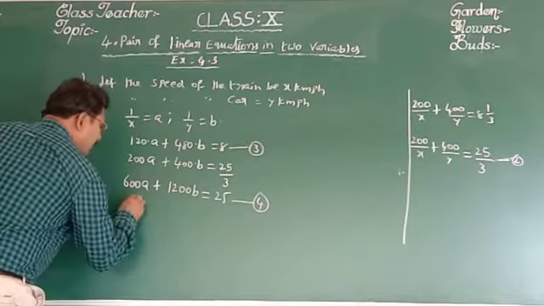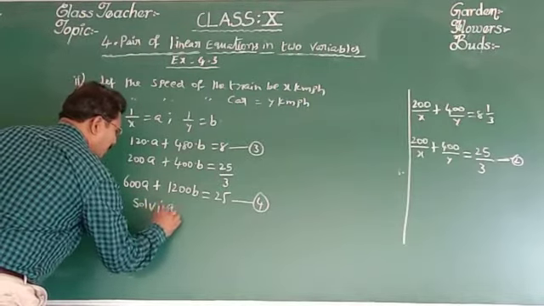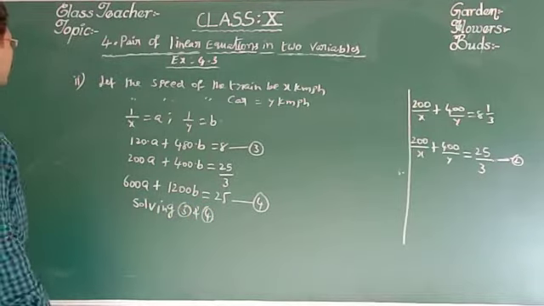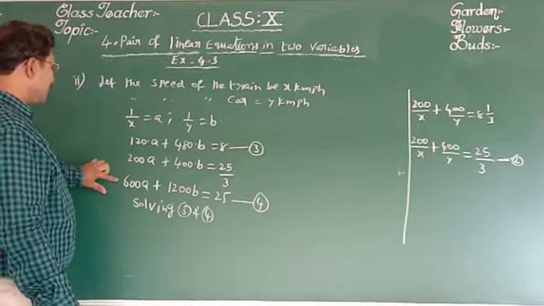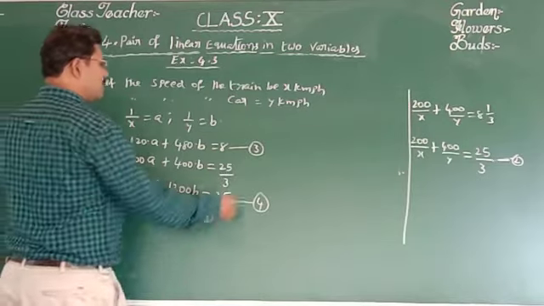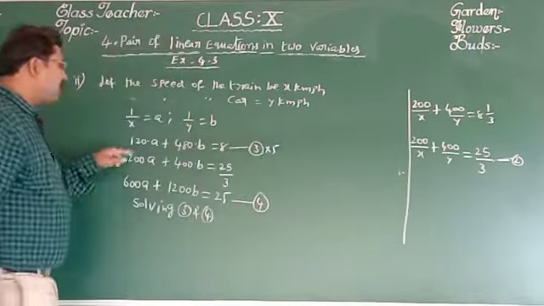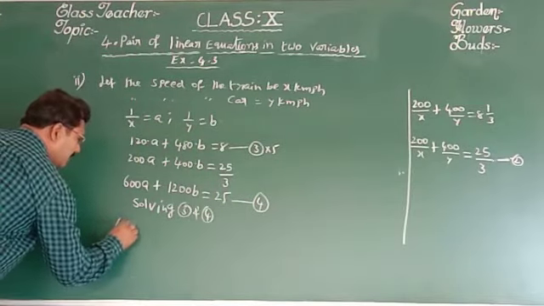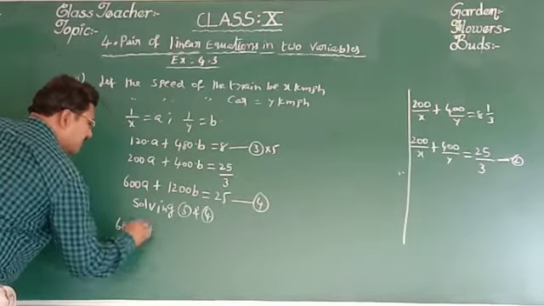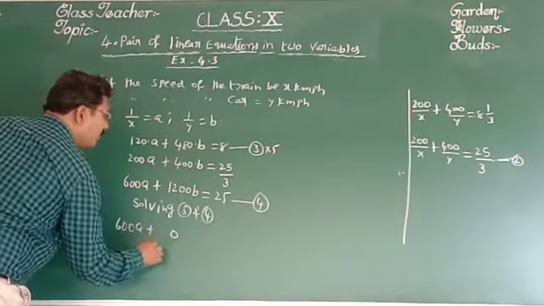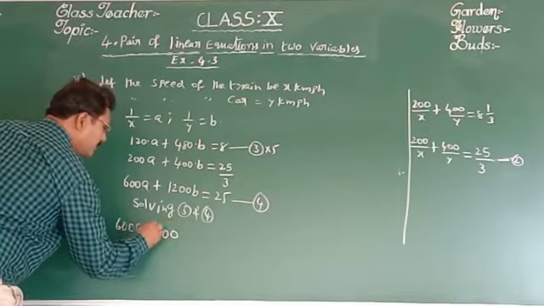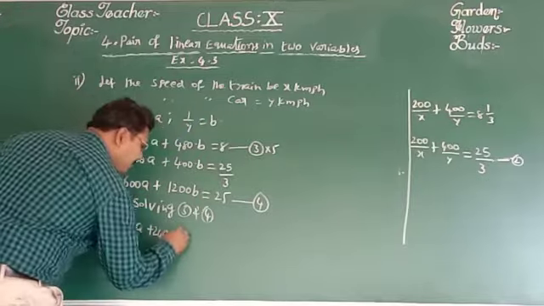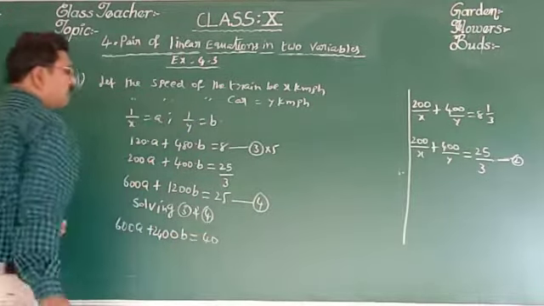Now solving 3 and 4. Equation 3 is multiplied with 5: 5 into 120, 600a, plus 5 into 480, 5 8s are 40, 5 4s are 20 plus 4, 24, that is 2400b, is equal to 5 8s are 40.